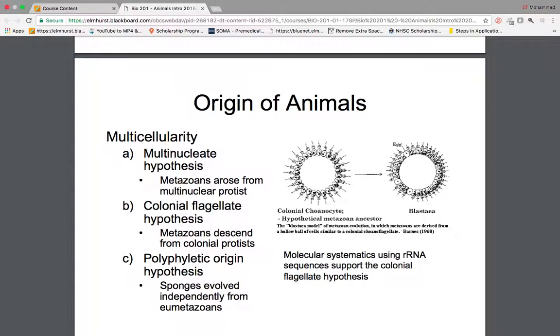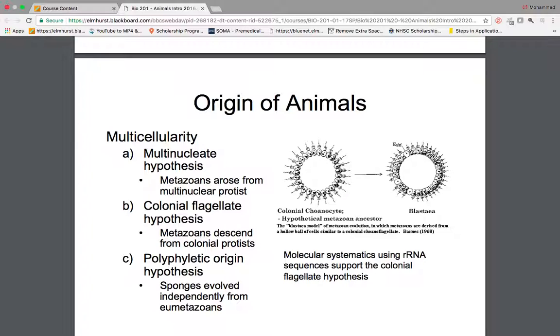What's cool about these guys is that they all have these little collars sticking out the side that have a flagella. And the way they feed is that the flagella beat and move food towards the cell, and then they move that food into each individual cell. That's the colonial hypothesis.